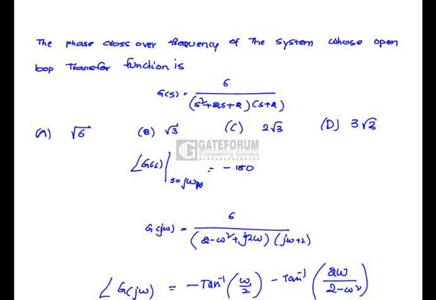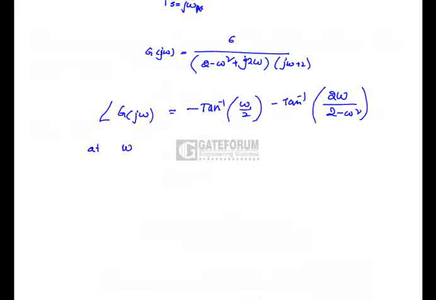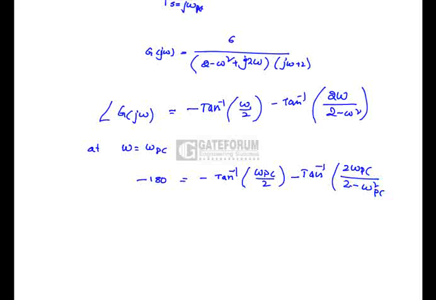So at omega equals omega pc, this is minus 180 degrees: omega pc by 2 plus 2 omega pc divided by 2 minus omega square pc.